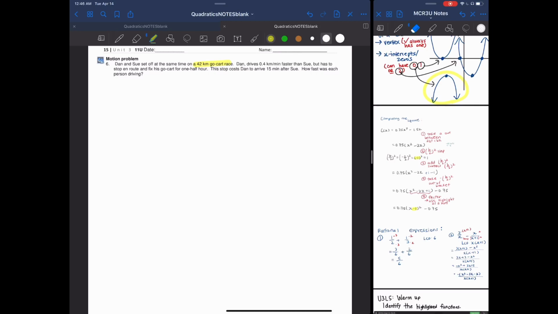Okay, then Dan drives 0.4 kilometers faster than Sue, but has to stop en route and fix his go-kart for 1/2 an hour. So half an hour. And then this stop cost Dan to arrive 15 meters after Sue. How fast was each person driving?